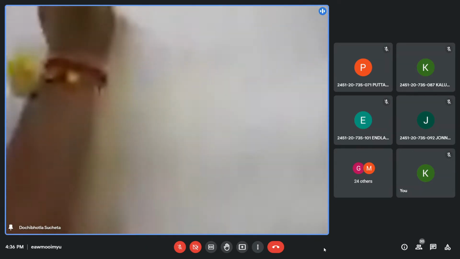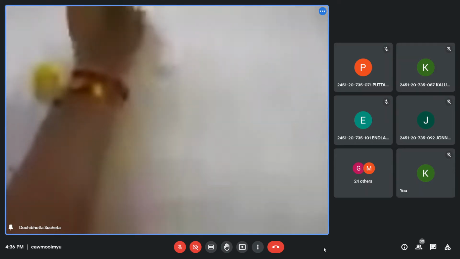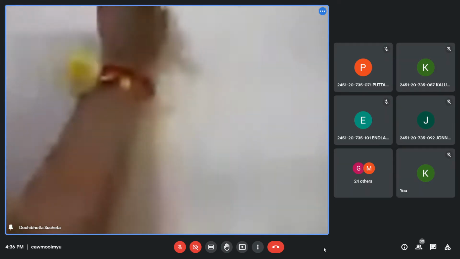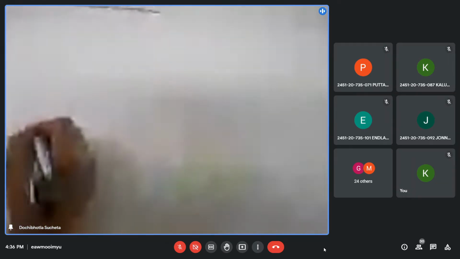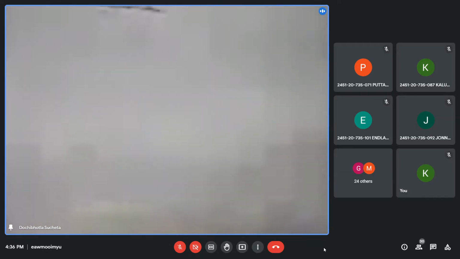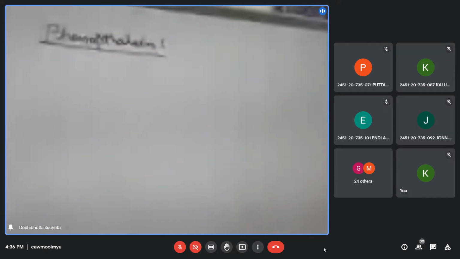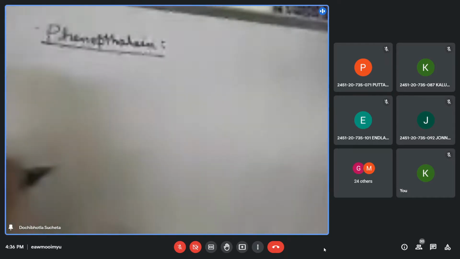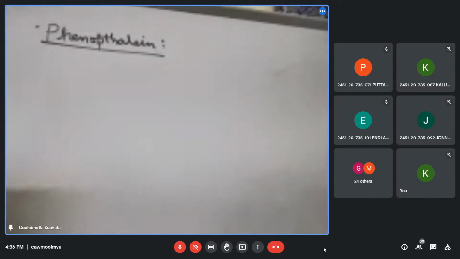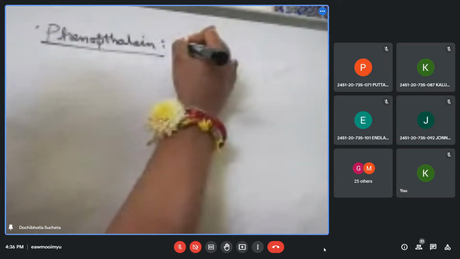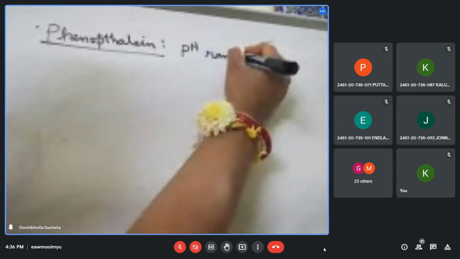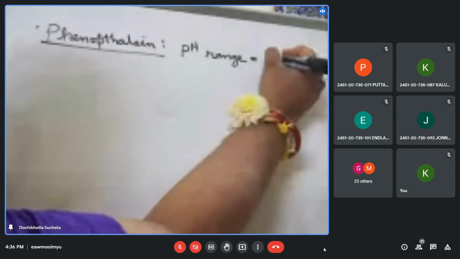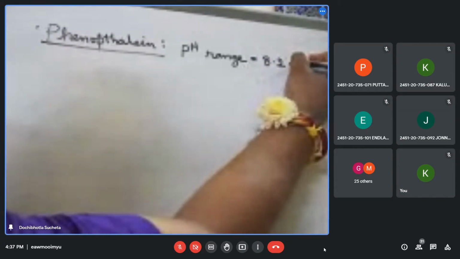The next indicator is phenolphthalein. Now, what is this phenolphthalein indicator? It's an indicator which has a pH range that falls in the basic range, almost from 8.2 to 10.